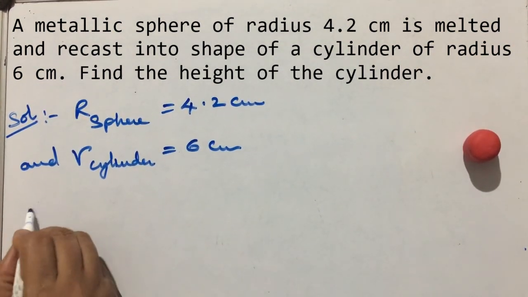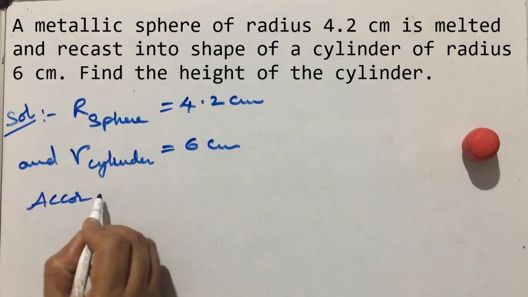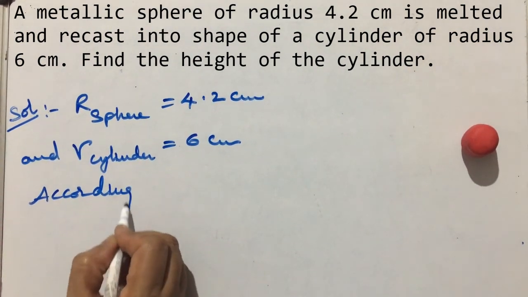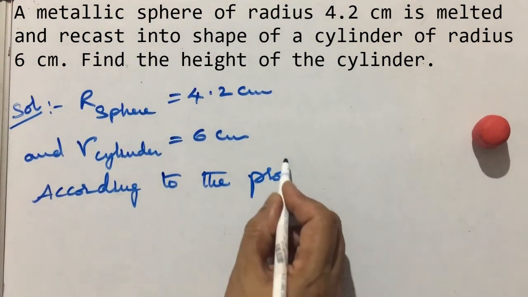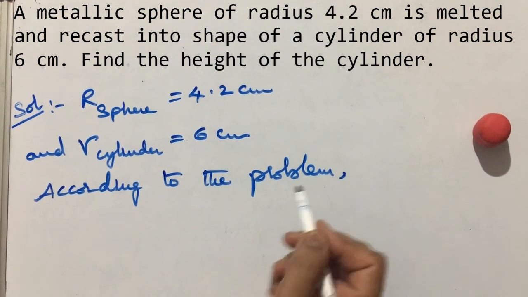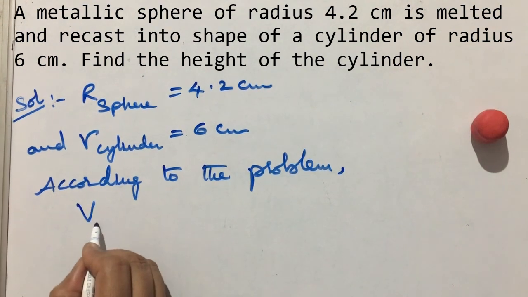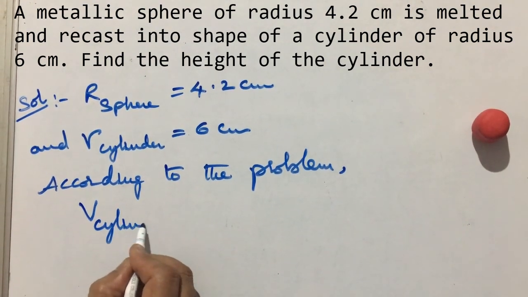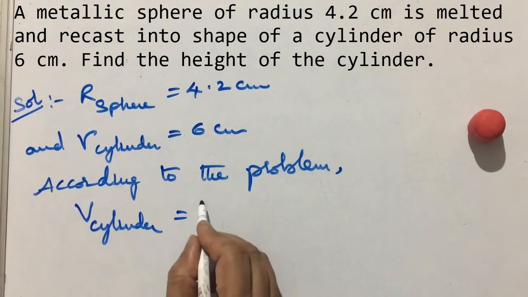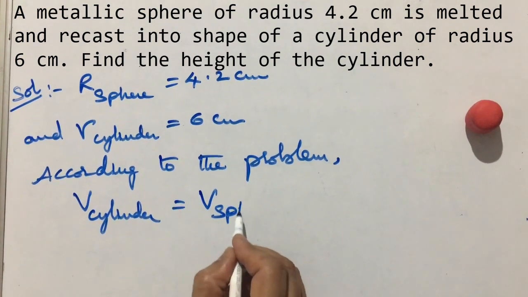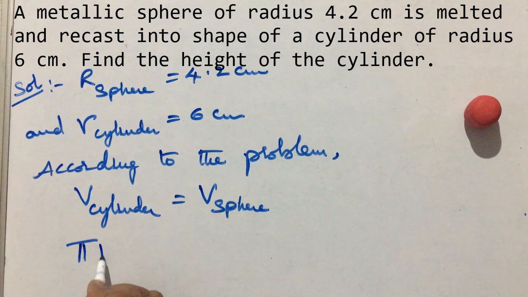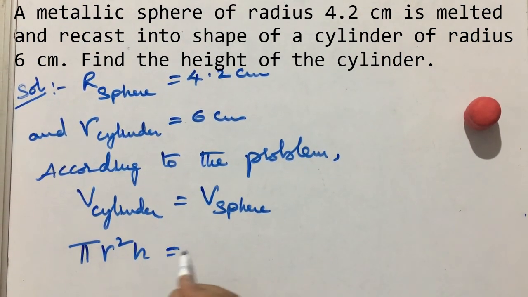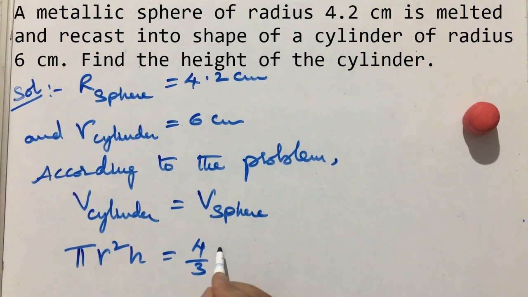So you have to write, according to the problem, volume of cylinder is equal to volume of sphere. Pi r square h is equal to 4 by 3 pi r cube.